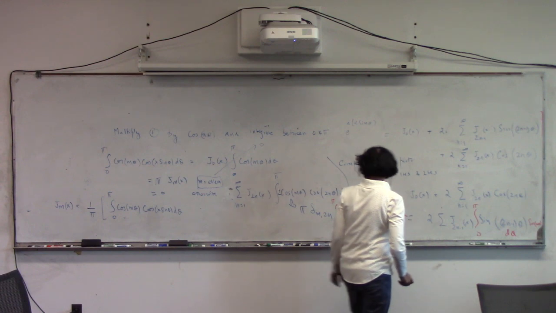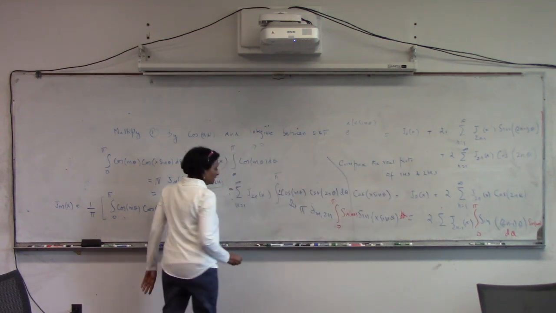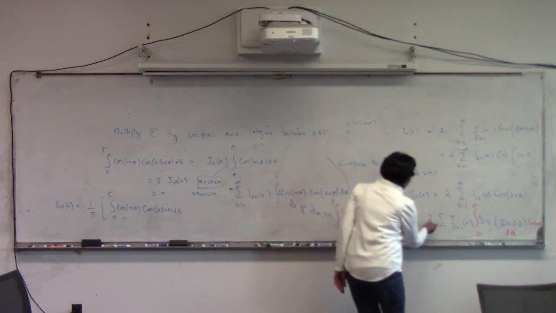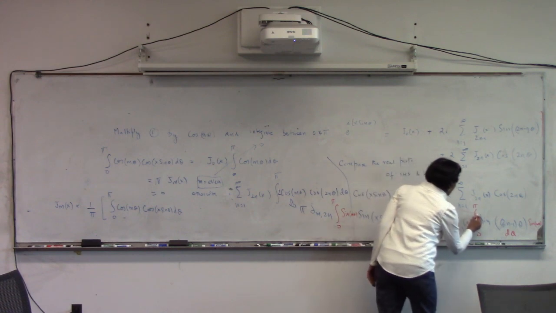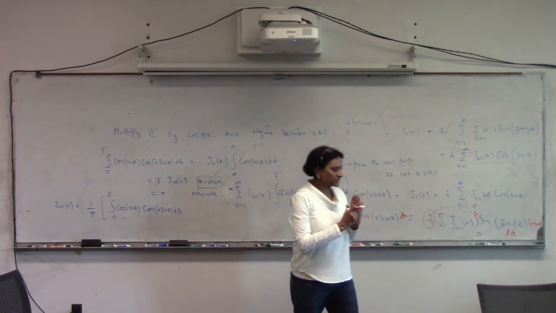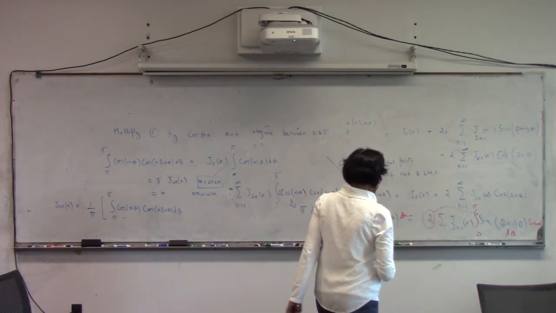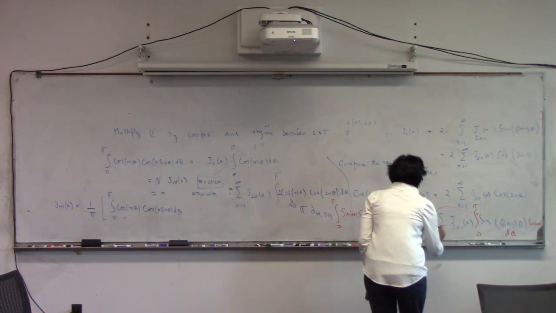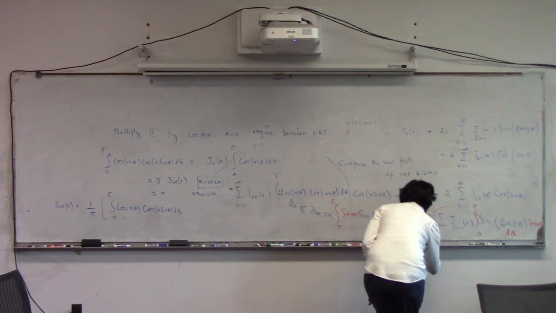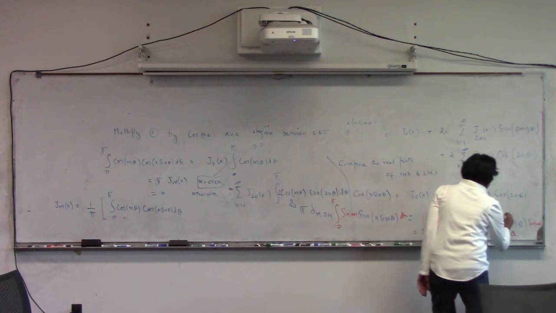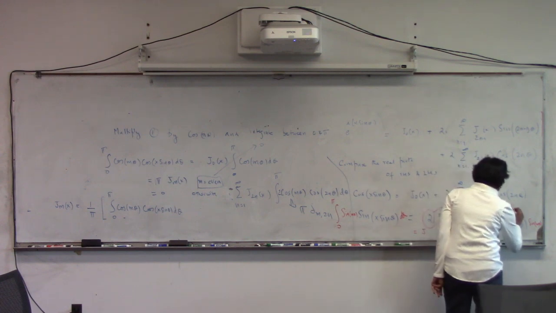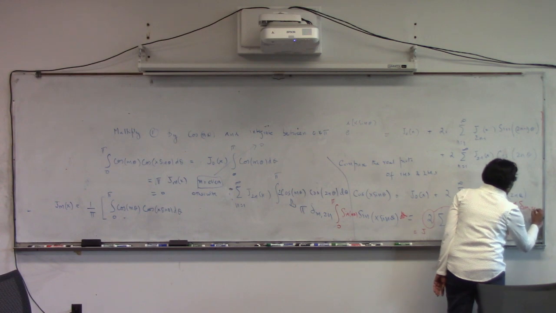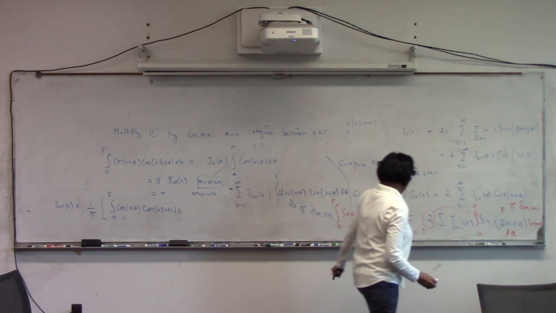Okay. Same argument, 2 sine A sine B. This term is going to contribute when the arguments are the same, right? So this becomes nothing but pi times delta m, and this one contributes when m is odd, okay?